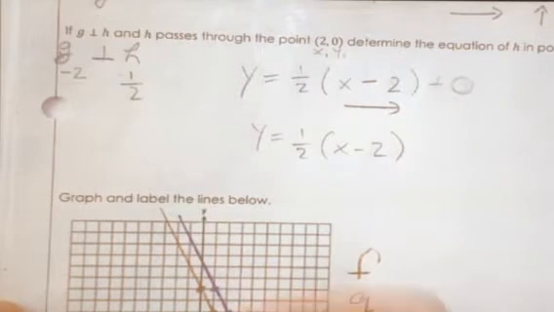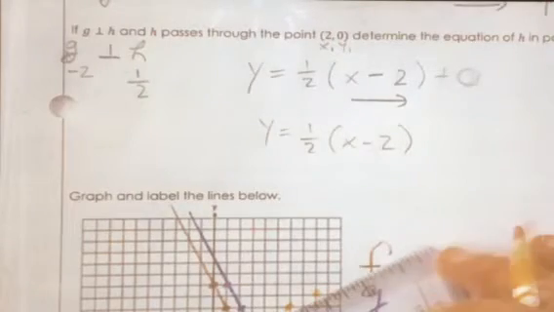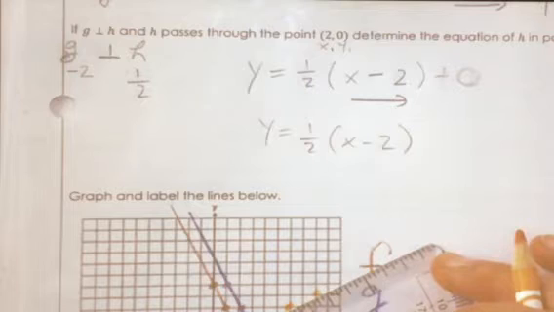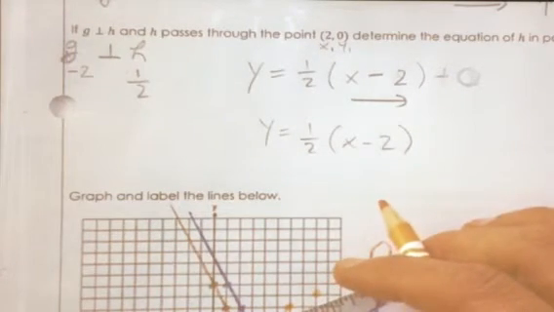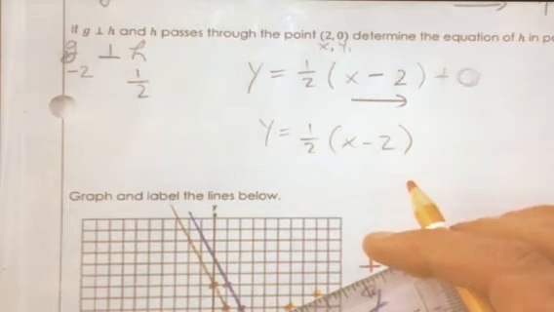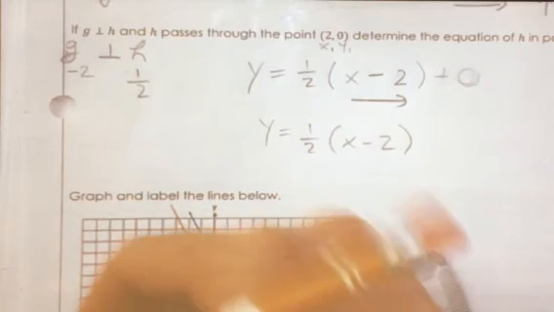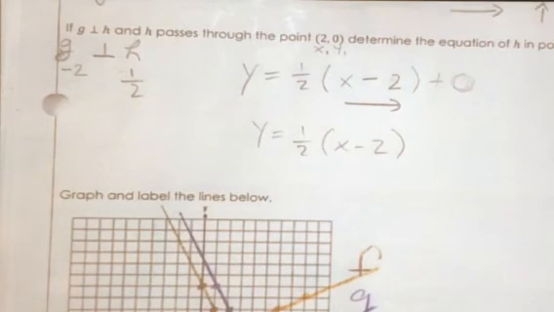And this time slope of positive 1/2. Up 1, right 2. And there's H. And there we've done the index. We've written lines in point slope form. Great job, Smarty Pants.